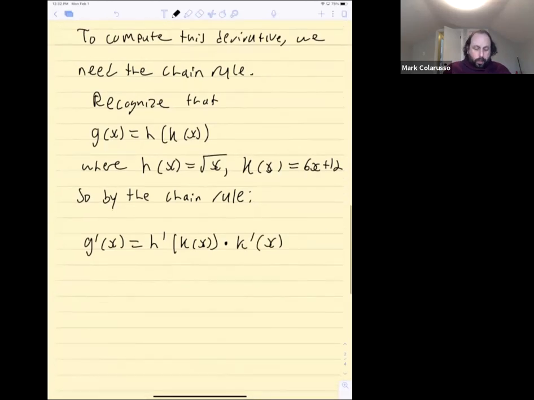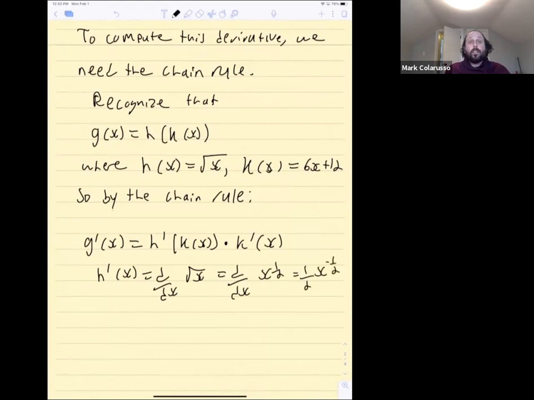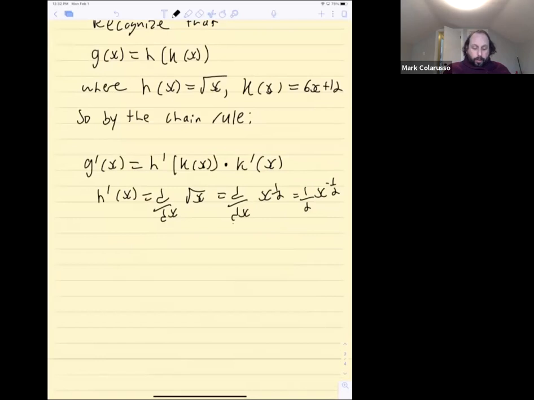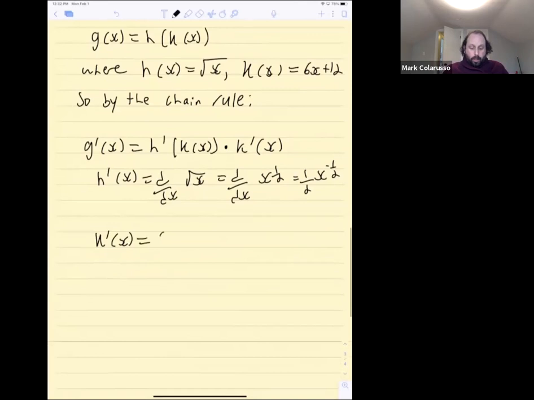Now, the derivative of h by the power rule is the derivative of root x, which is the derivative of x to the 1/2, which is 1/2 x to the minus 1/2. And the derivative of k is the derivative of this line, a line of slope 6, so the derivative of k is just 6.